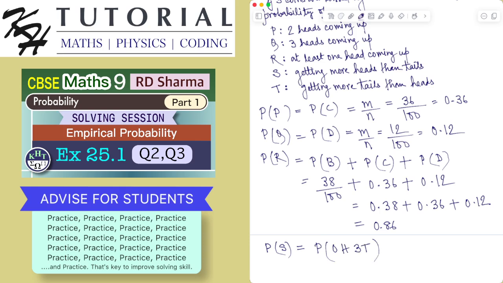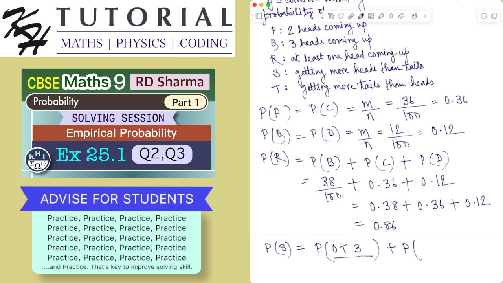The event that when I'm tossing 3 coins, 0 heads show up and 3 tails show up, I'm denoting with this notation. This is just for the sake of discussion. Plus probability of more heads than tails. Oh, sorry, so let's say this will be the other way around. 0 tail and 3 head.